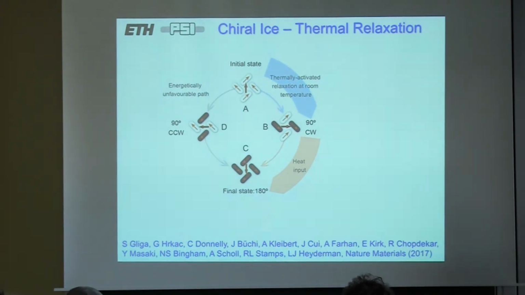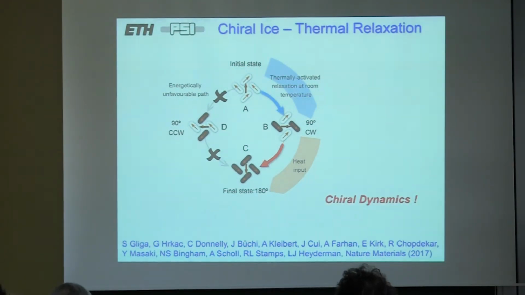So it turns out that the average moment rotates by 90 degrees, and if I heat up a little bit, it continues to rotate in a clockwise direction, and we never see rotation in a counterclockwise direction. And so this is a kind of chiral dynamics.